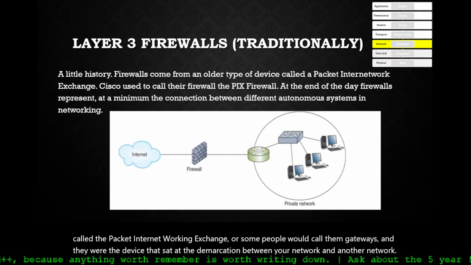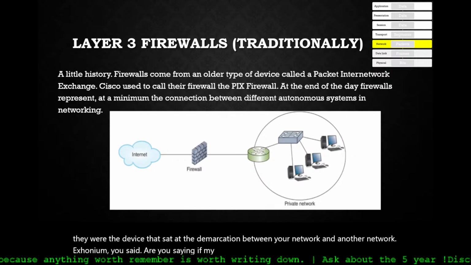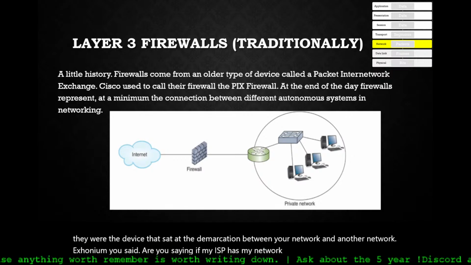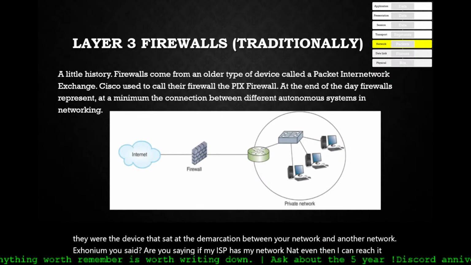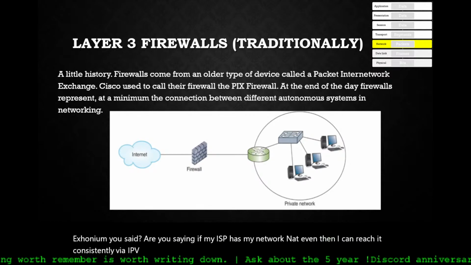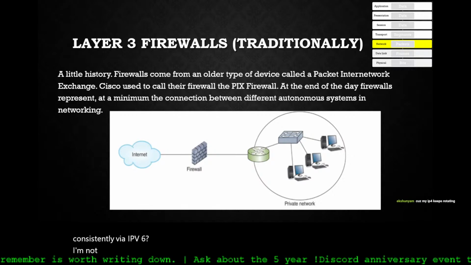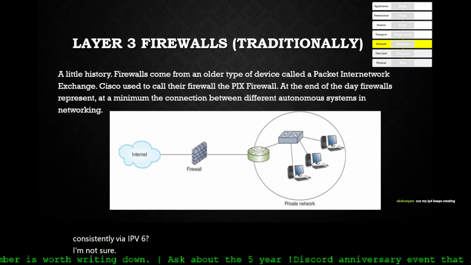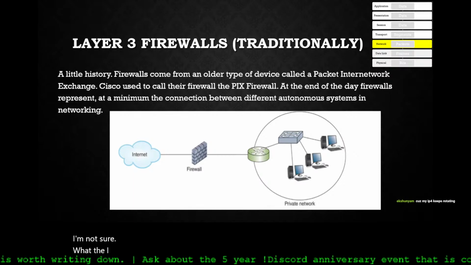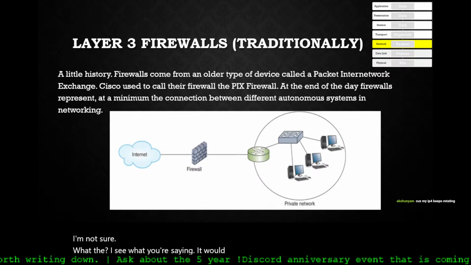Exunyum, you said, are you saying if my ISP has my network NAT, even then I can reach it consistently via IPv6? I'm not sure what the... Oh, I see what you're saying. It would always be there. Yeah.